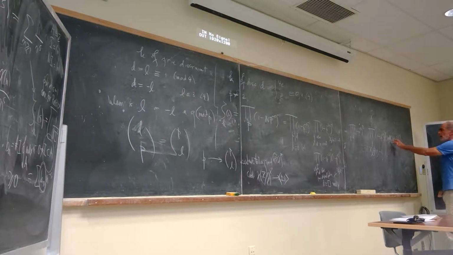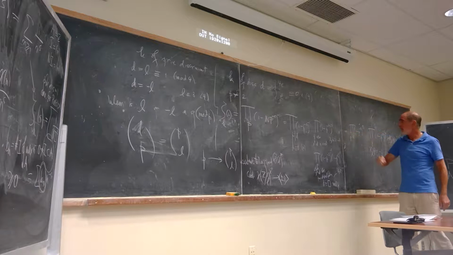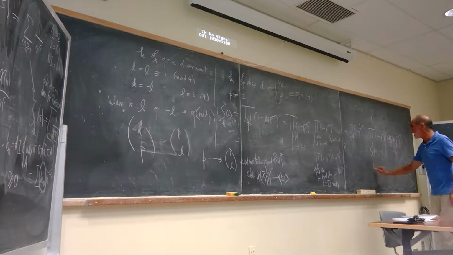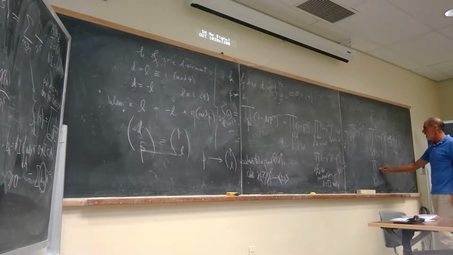Because this would be a minus 1, so this would be a plus, and when you multiply those two terms, you get this. And the final one would be the product over P where chi L of P was equal to plus 1, and there we get the same thing, (1 minus P to the minus s) inverse.